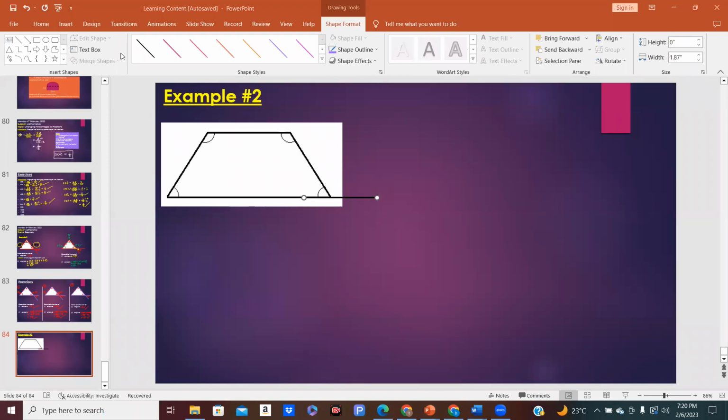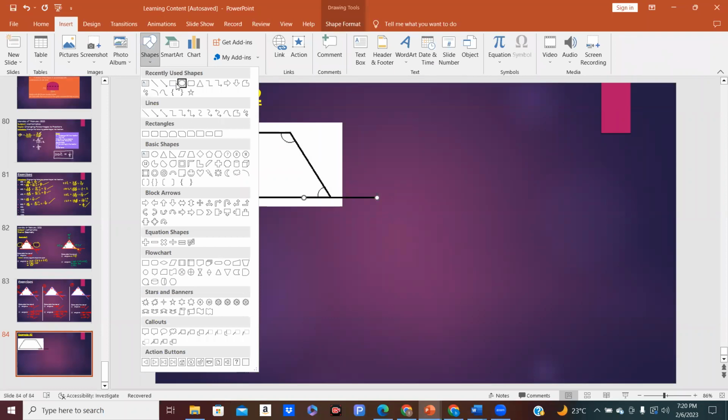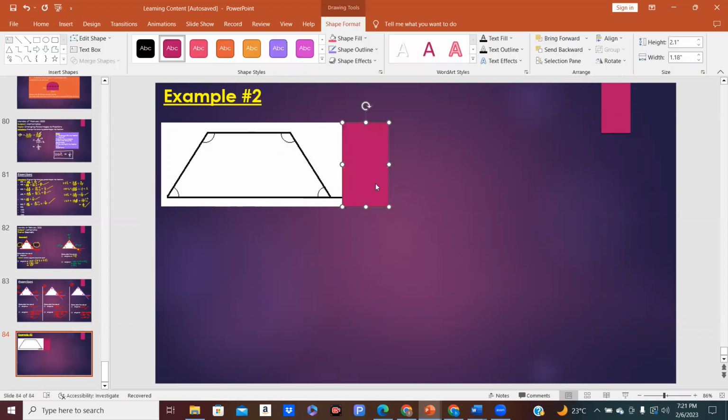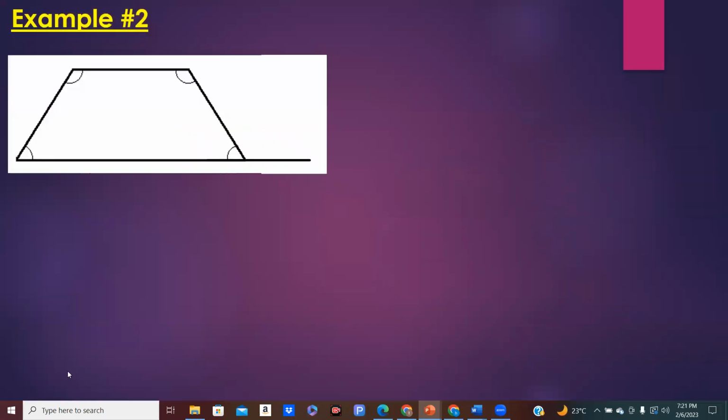Make sure you keep your mic muted if you're not speaking. All right. Send to the back. Shape fill. Boom. All right, so let's say that.